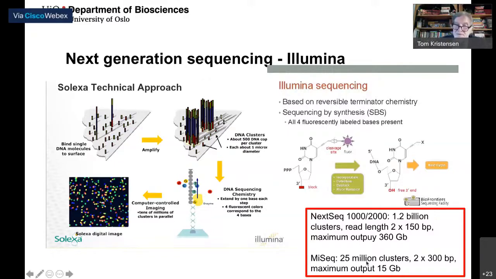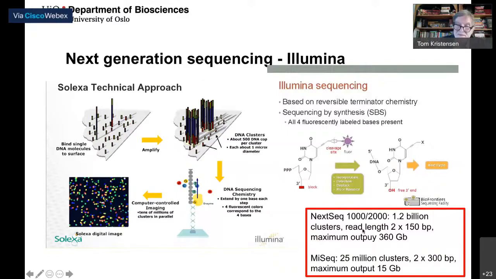I've shown here the output from two of the Illumina instruments. The NextSeq is a big instrument, which will start with 1.2 billion clusters like this one. And all these clusters are then sequenced at the same time.